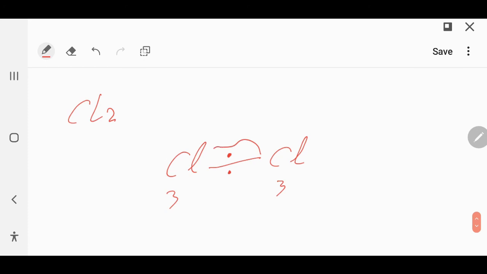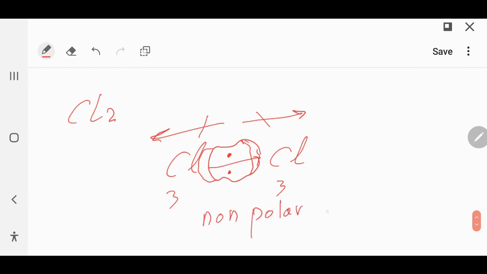So the electrons will be shared in the middle between both atoms. So in this case, we don't have poles. We have no net force because both forces will cancel each other. This is why here we have a non-polar covalent bond.